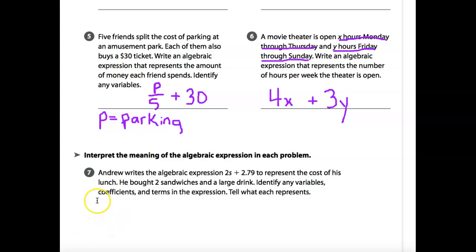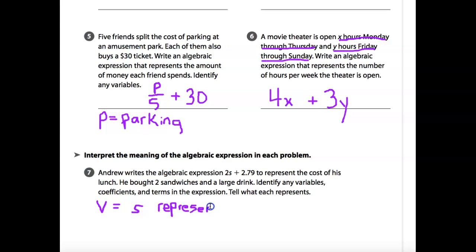Okay, well, the variable, I'm just going to write V, but the variable is S. So S represents what? What do you think S represents? What did he buy that begins with an S?